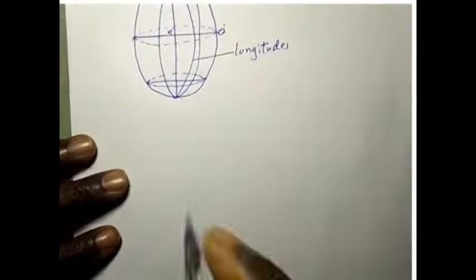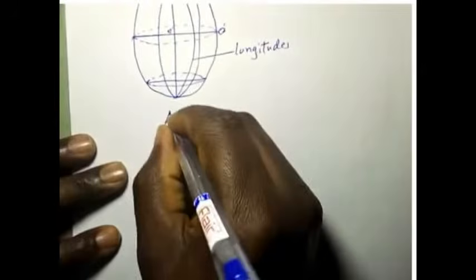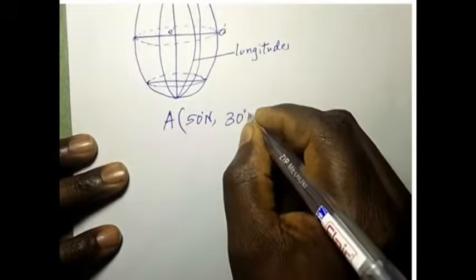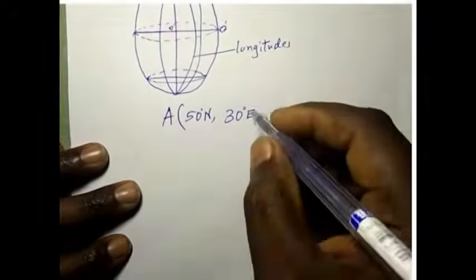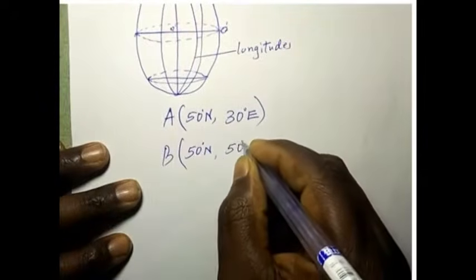So, for example, point A is on 50 degrees north, 50 degrees west.